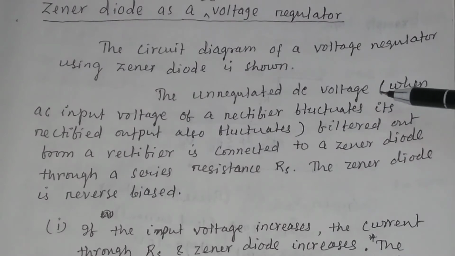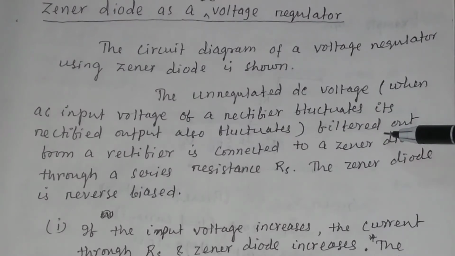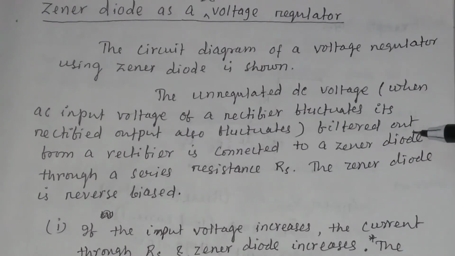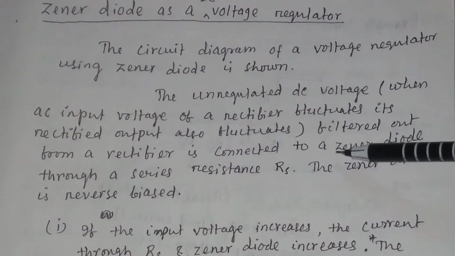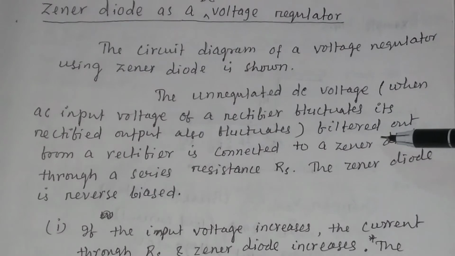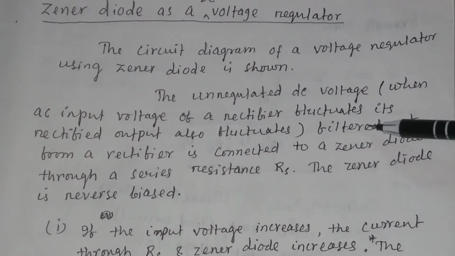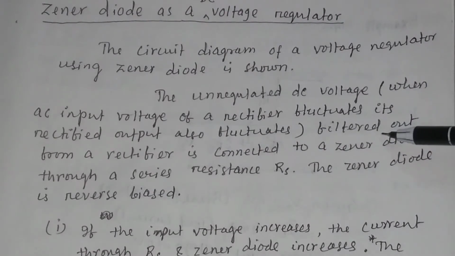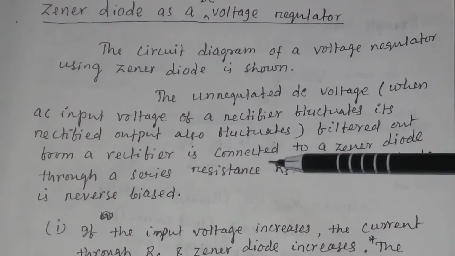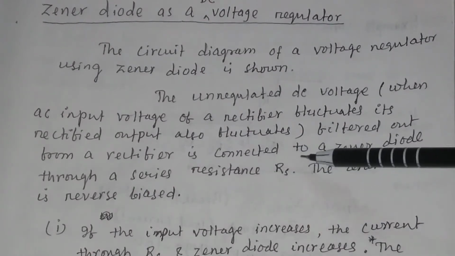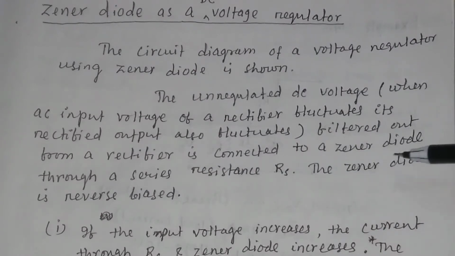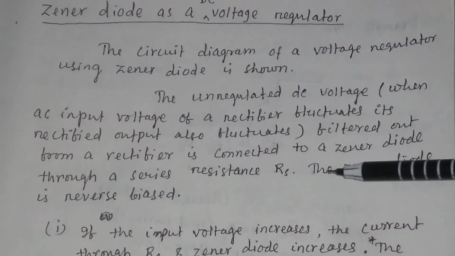This unregulated DC voltage, filtered out from a rectifier, that means after passing through the filter circuit, is connected to a Zener diode through a series resistance RS. The Zener diode here is reverse biased.